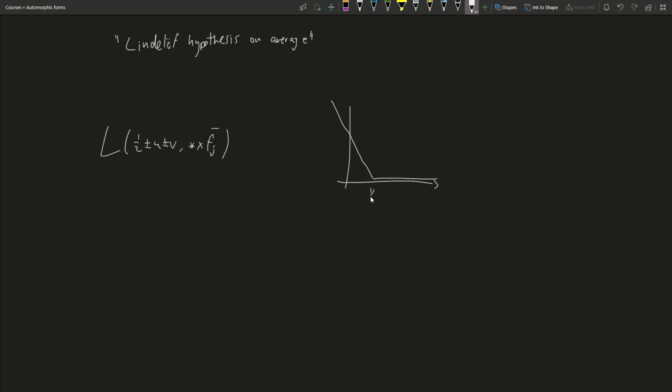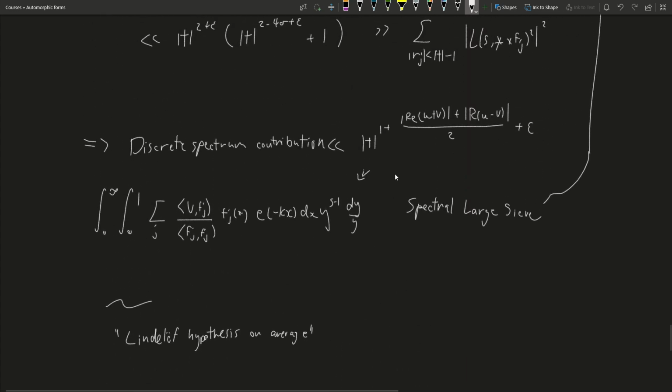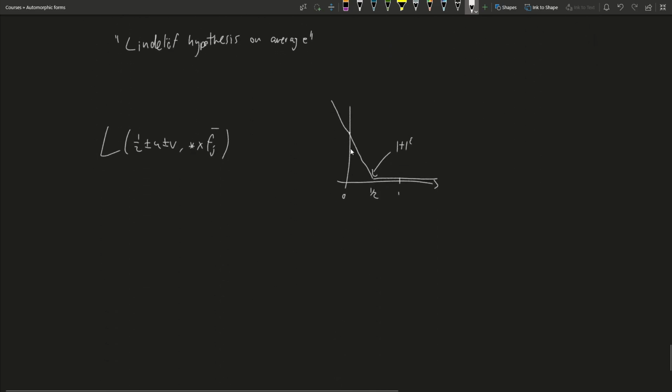So this is going to be 1/2, 1, 0. And the Lindelof hypothesis is that this growth is t to the epsilon for this region. And then if the growth here is going to be the conductor, the analytic conductor here, right? So it's going to be RJ squared. Okay, well, it's going to be something.